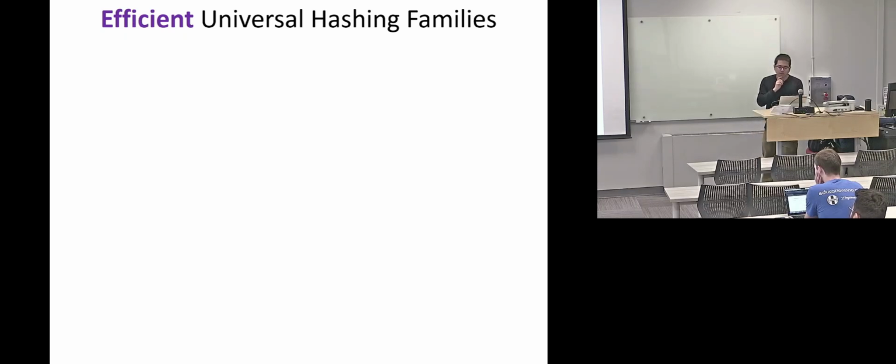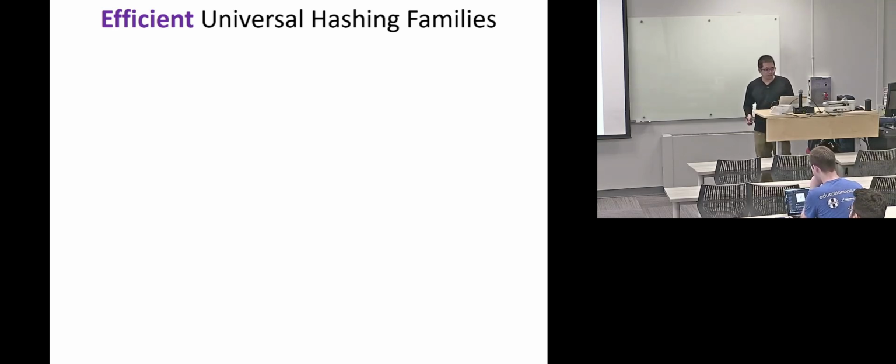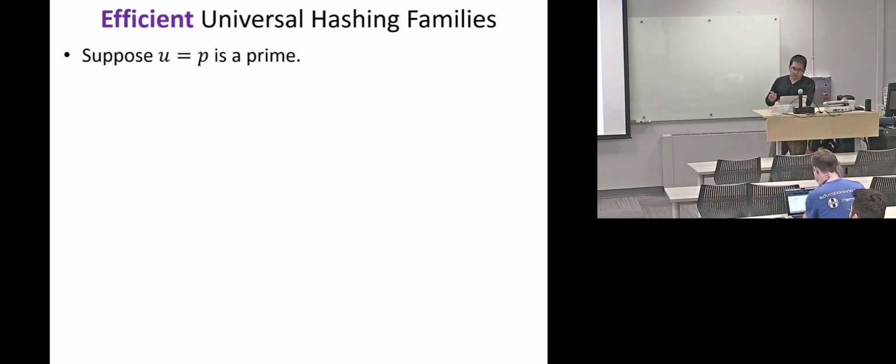Let me show you one example of an efficient universal hashing family. Suppose that U is a prime p.